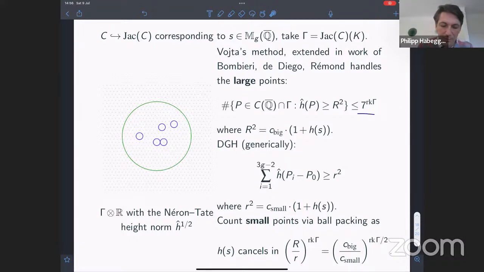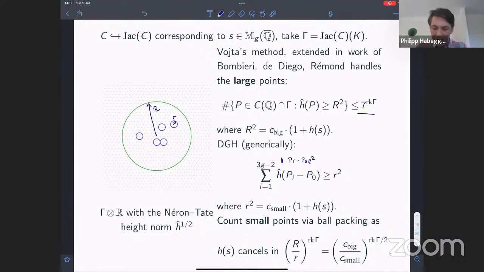To bound the number of rational points, you need to say something about those points of small height, those points where the Néron-Tate height is less than R squared. So this green circle corresponds to the circle of radius R here. Our height inequality essentially tells us that if I'm looking at these differences, then typically these differences are at least m r squared, where r squared is some smaller proportion of h(S). These correspond to these blue circles here, lowercase r.